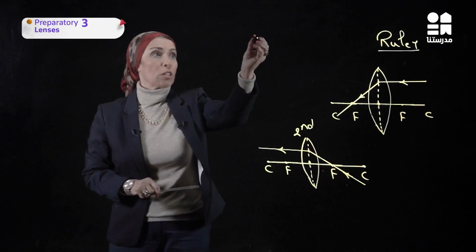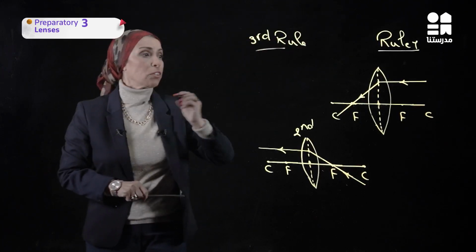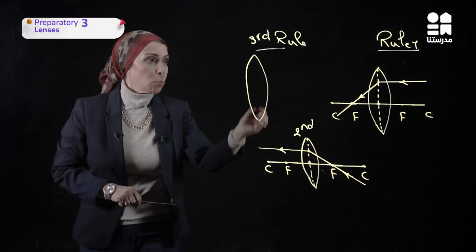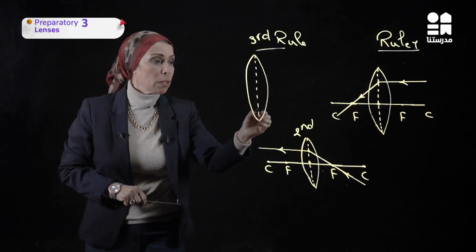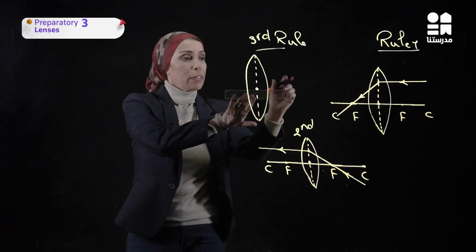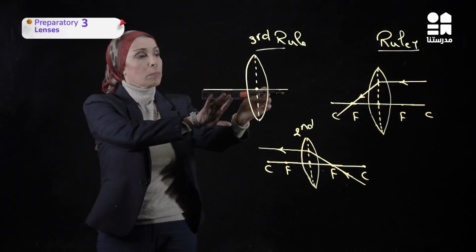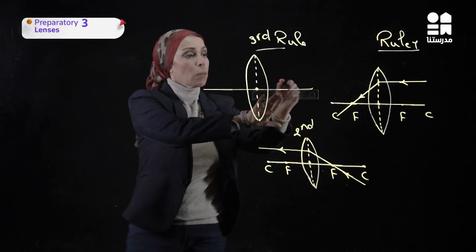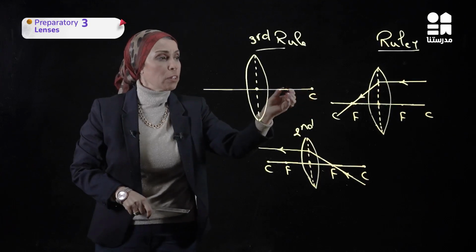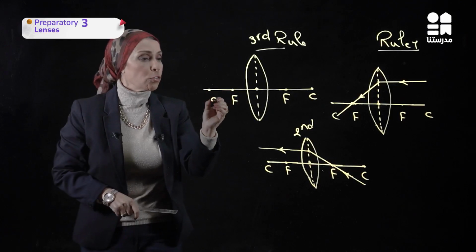The third rule, which is the last one. Here is my lens, put the dotted line in the middle, this is the optical center, I repeat it to recognize the parts, and this is the principal axis, with the center of curvature here of the sphere, and this is the focus, and center of curvature.